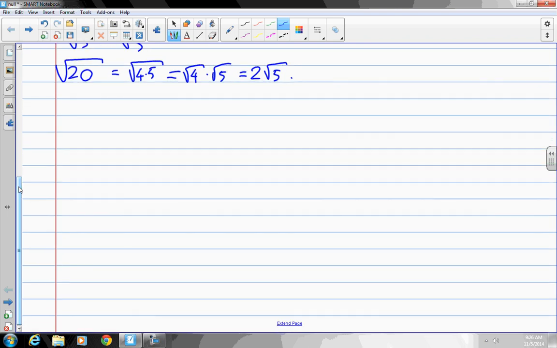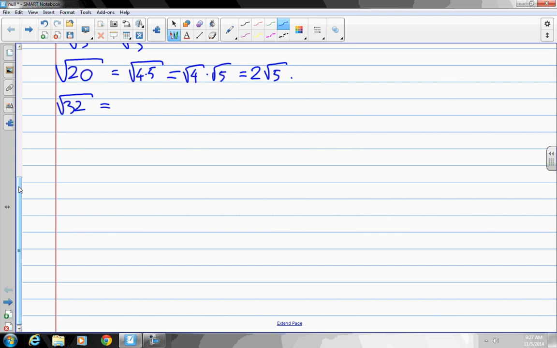Your book is being very nice to you, but I'll try to do the same. How do we treat the square root of 32, for example? Well, 8 and 4, so 4 is a perfect square. But you start with the 16. I like that better. 16 times what is 32? 2.